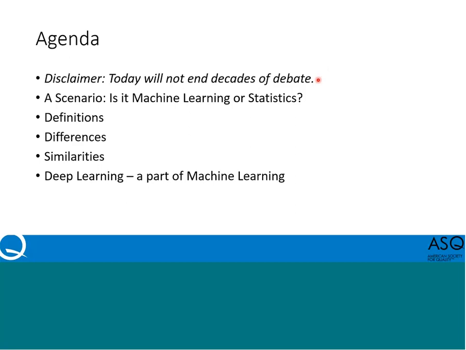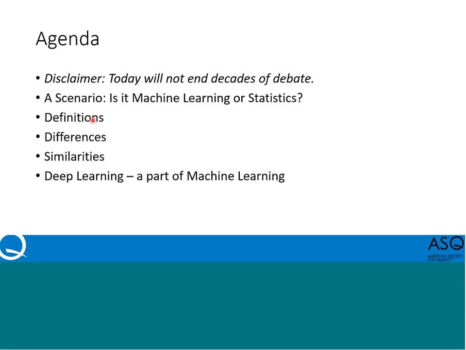Machine learning and statistics is often viewed as a political debate where one's almost meant to take sides. So my goal is to give everyone an understanding of the different viewpoints on each subject, where they are similar, where they are different, and we're going to do that by going through a scenario and maybe talk about how a machine learning engineer might approach it versus a statistician.